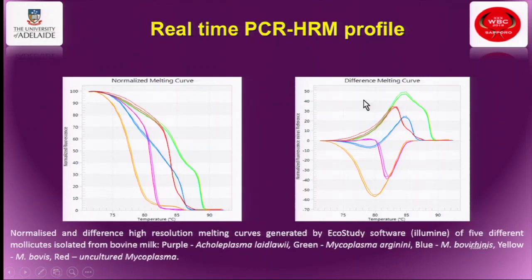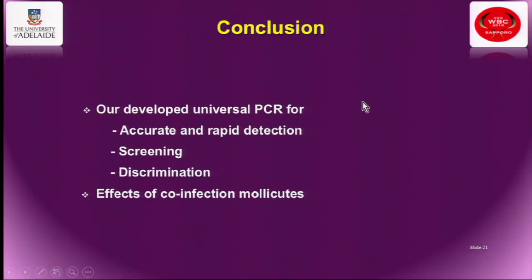In conclusion, due to rapidity and higher sensitivity compared to the conventional culture method for surveying Mycoplasma mastitis in dairy herds, we recommend screening of milk samples using our universal PCR method.